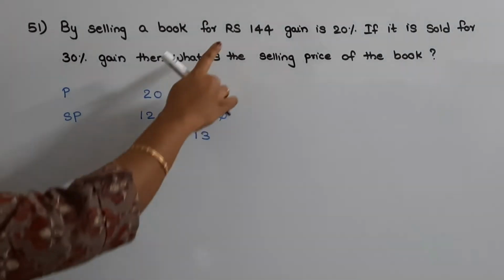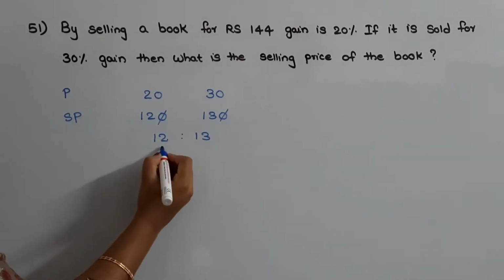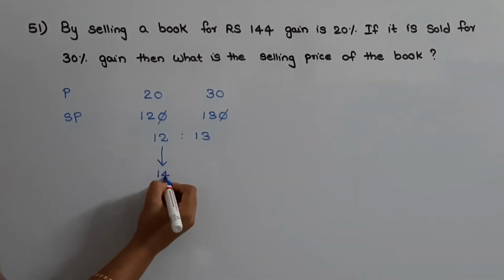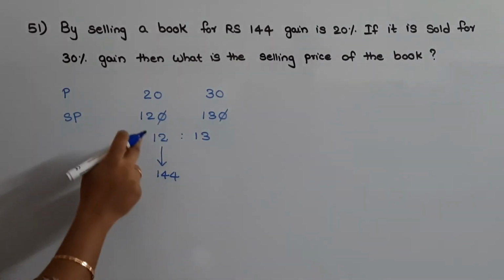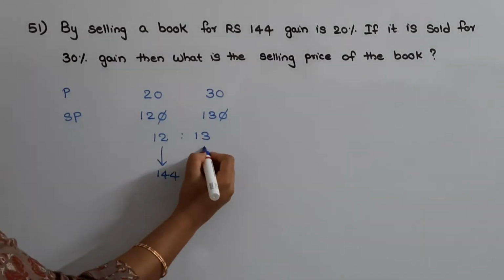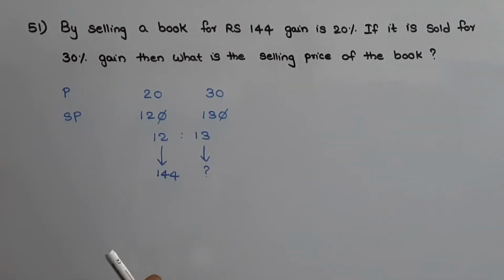Okay. But in the first case, the selling price is given as 144, which means we can represent this 12 as 144. We need to find out the selling price in the second case. Okay. So if 12 can be written as 144, what will be the value of 13? On finding this value, we will get the selling price of the book in the second case. Okay.